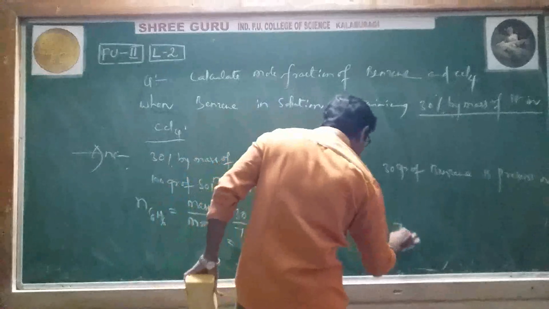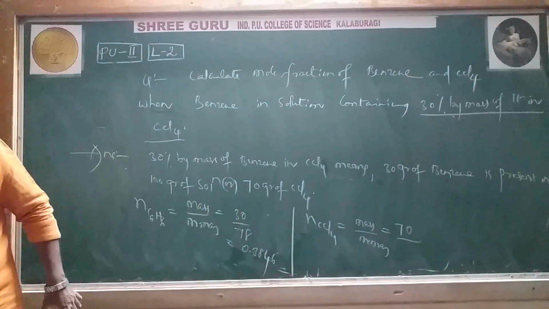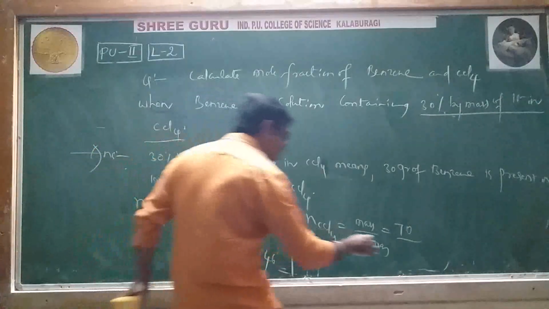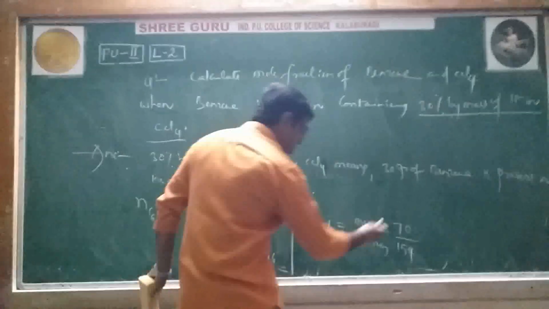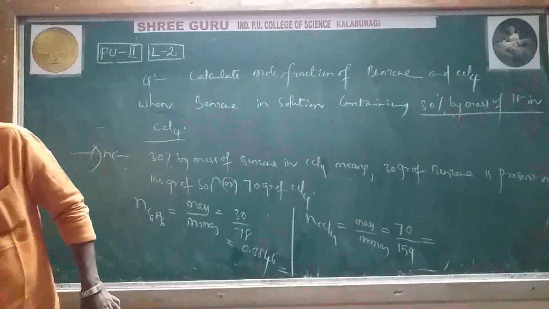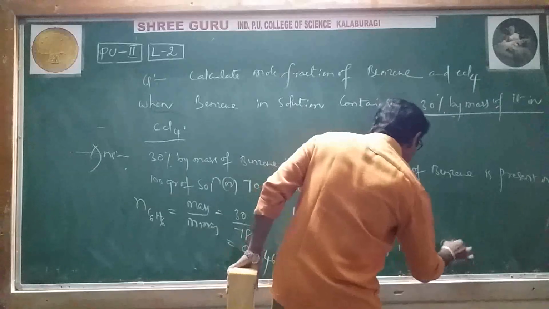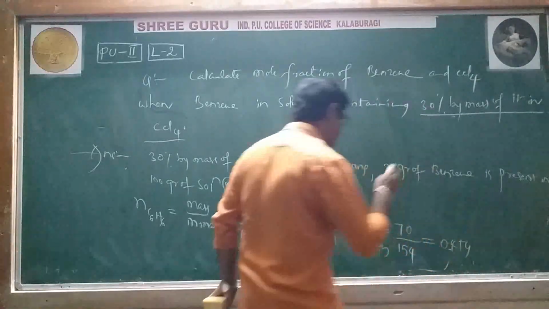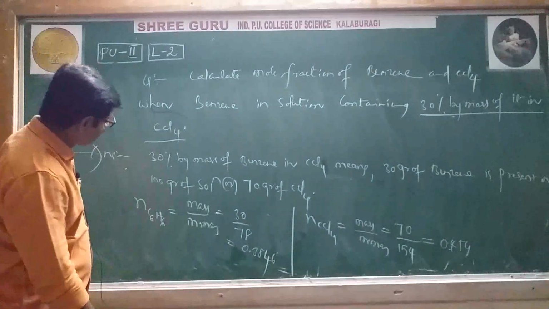Here 70 divided by the carbon tetrachloride molar mass, 154. You just calculate yourself. Then if you do simplification, the obtained value is 0.454. 0.454 is the number of moles of carbon tetrachloride, right?